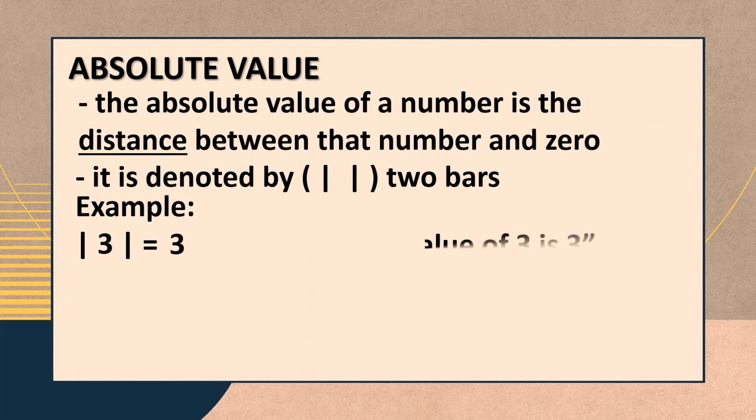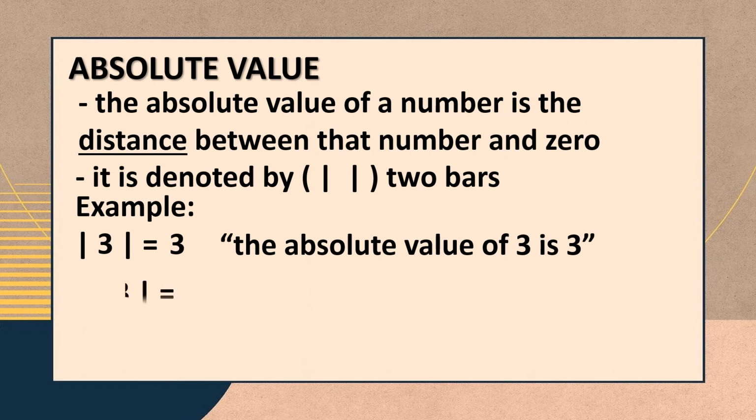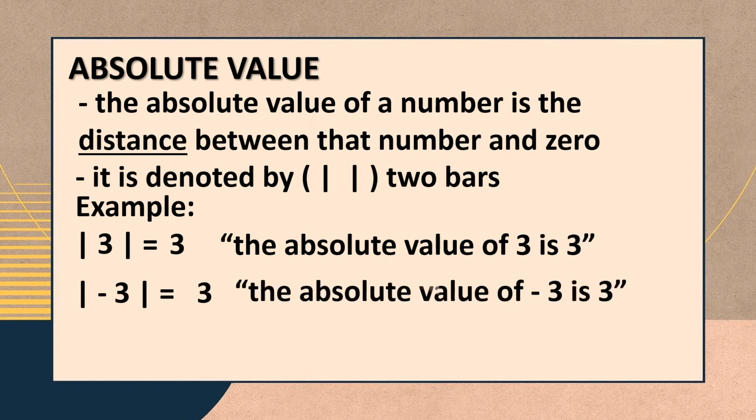This is read as the absolute value of 3 is 3, or the absolute value of positive 3 is positive 3. Next, we have the absolute value of -3 is equal to positive 3. This is read as the absolute value of -3 is positive 3.